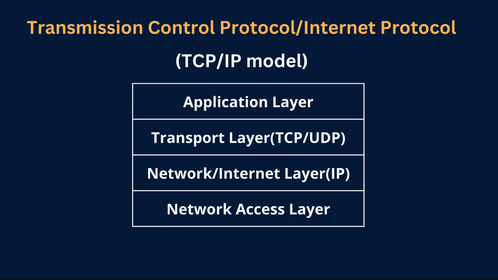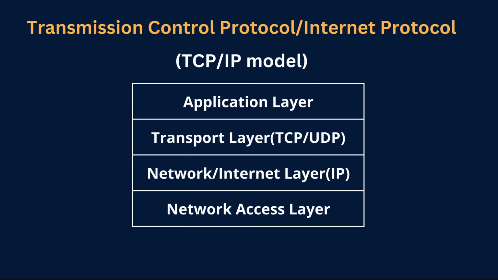The application layer, right? And there are other TCP/IP layers like the transport layer, the network internet layer, and the network access layer. These are high level layers. We are not going to deal with these things. Just for understanding, you should know that when you are going to develop web applications, you generally use HTTP.